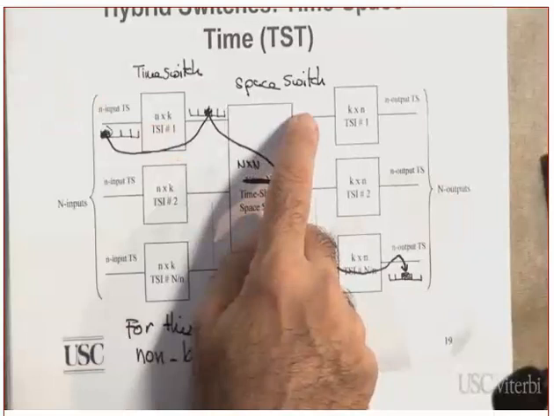Let's look at this one. How many time slots do I need? Here, you are going to write into the memory in a sequential fashion. How many do we have? So what do I have? N. How many bits does each one of them have?